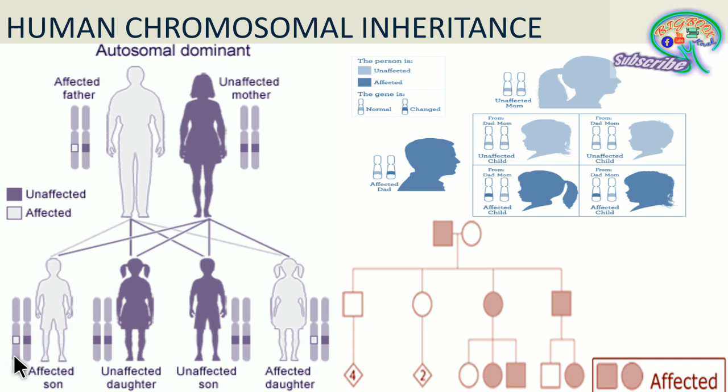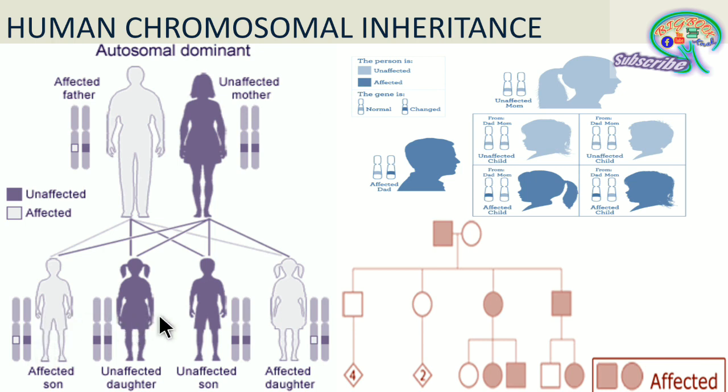Now here you can see this homologous combination. One chromosome has the affected dominant gene, and the other is normal. Here also, one chromosome has the affected dominant gene, and the other is normal. In these two children, there is no defective gene, so they are not affected with the genetic disorder.